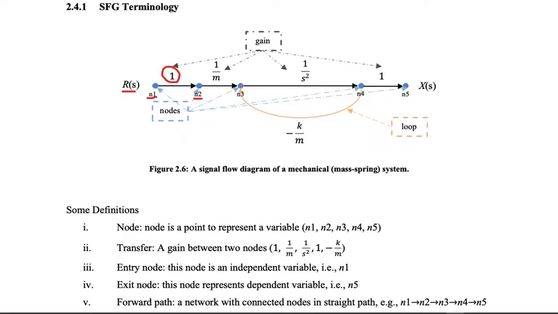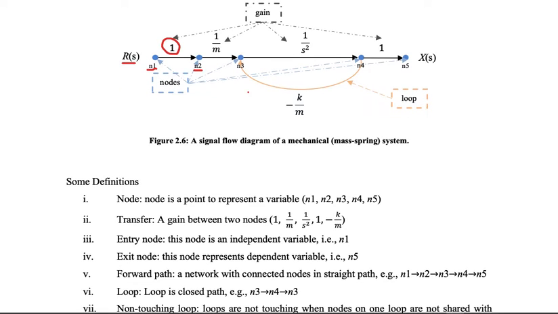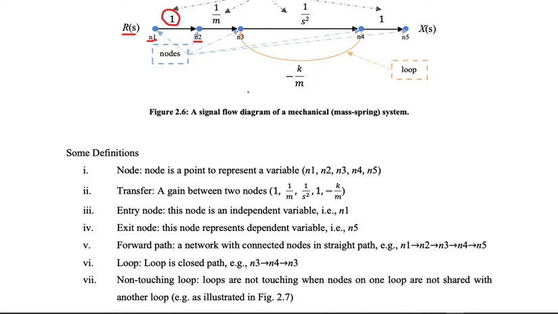Instead, it is a combination of RS and 1 upon M, and similarly from N3 to N4, and N4 to N5. It is a combination of a transfer and the signal of the previous node. What is meant by transfer is basically a gain between the two nodes.